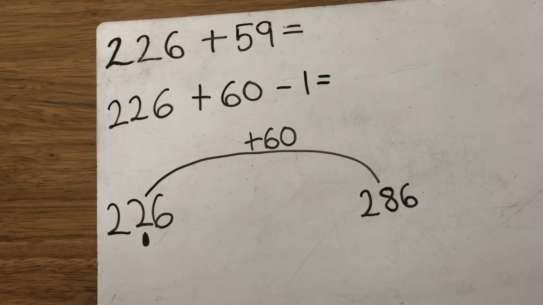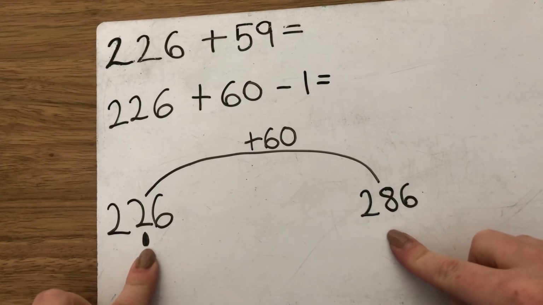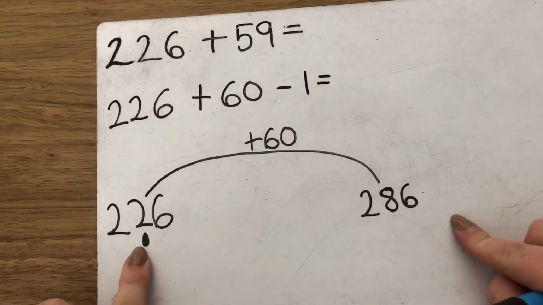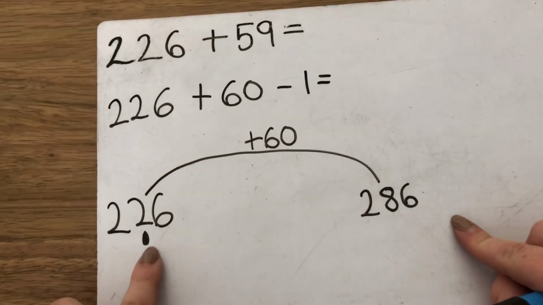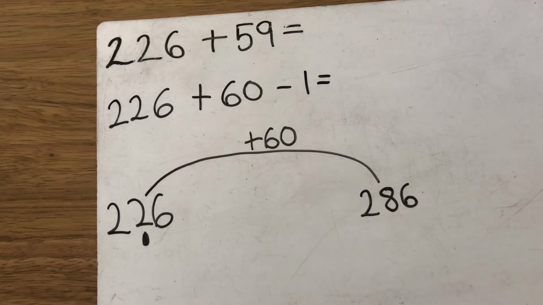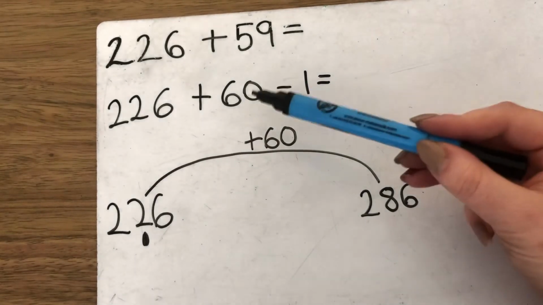I also know that's correct because 20 add 60 is 80, so 2 tens add 6 tens is 8 tens. So 226 add 60 is 286.